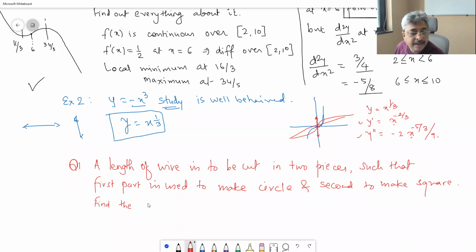Find the length from, say, the left, cut so that the total area is maximum.